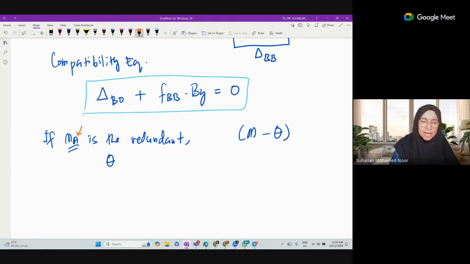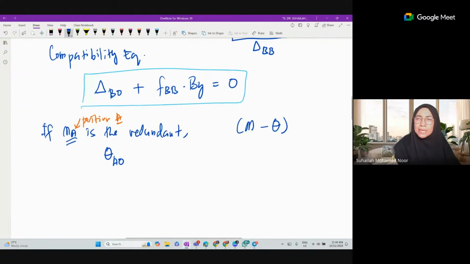This is position A. Position A means we need to label as A here, theta A naught. So we just change from delta to theta. Position we change from B to A because the moment is located at A. Naught remains. It is representing the primary system. F remains for the displacement or the rotation. It can be rotation, it can be displacement.